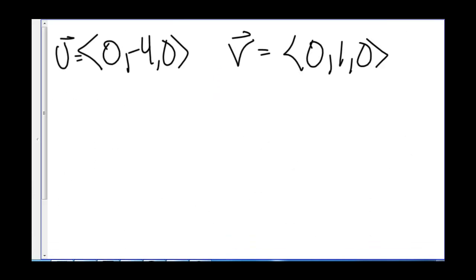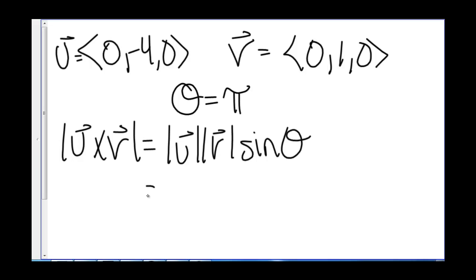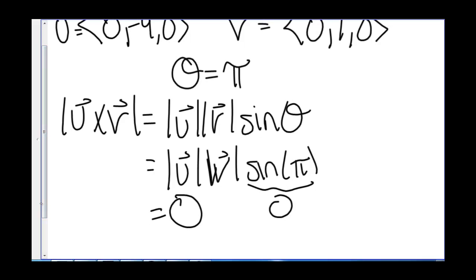So the magnitude of the cross product u cross v is equal to the length of u times the length of v times sine of theta. Well, we know that theta is pi and sine of pi is 0. So it doesn't matter what u and v are, the magnitude of u cross v is 0. And the direction of a cross product that equals 0 is undefined.